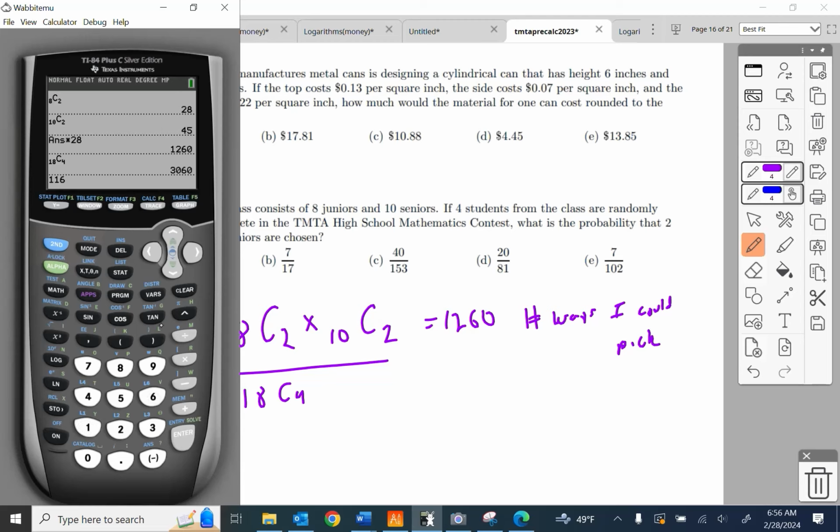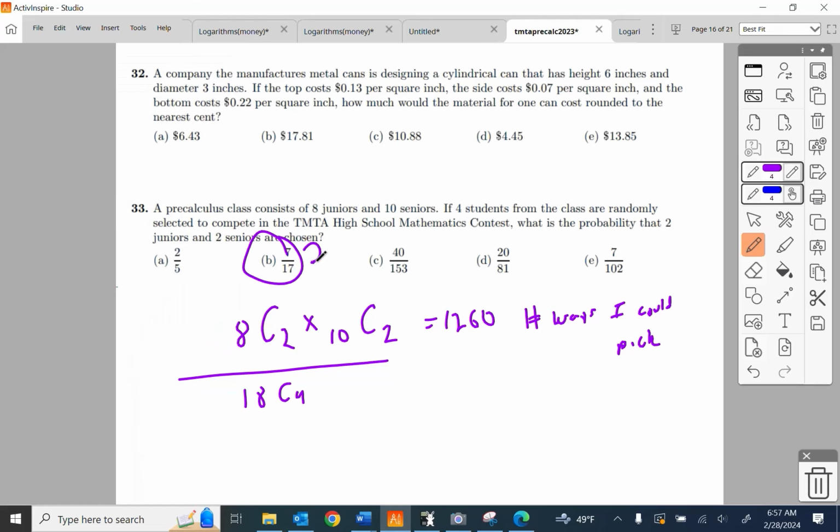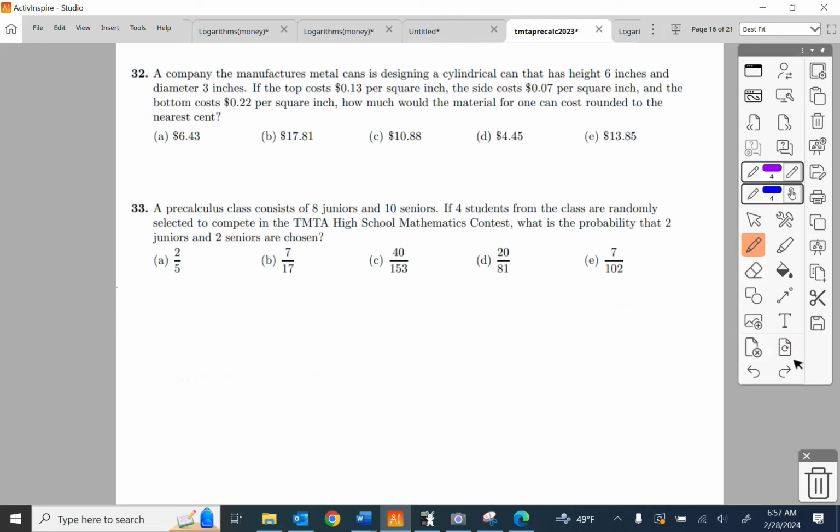If not, I'm just going to go the classical way of doing this, which is just to make choices. 1260 out of 3060. 7/17. Maybe. All right, here's what I would probably do on this one then. Thought it might be a combinations problem, and it probably is.